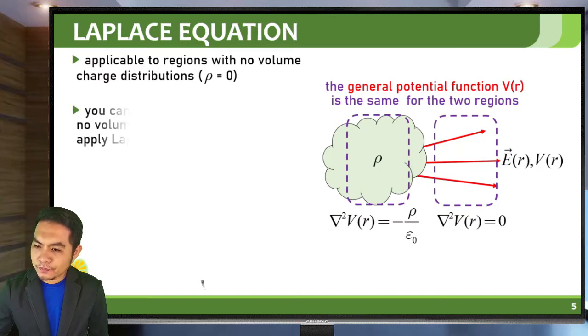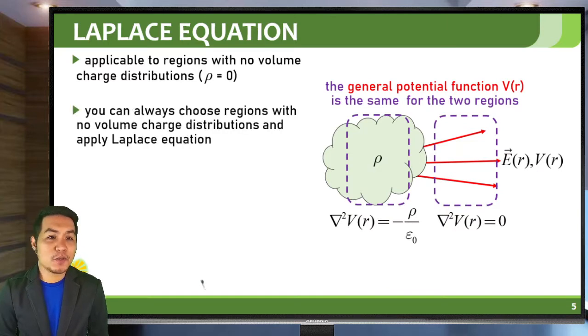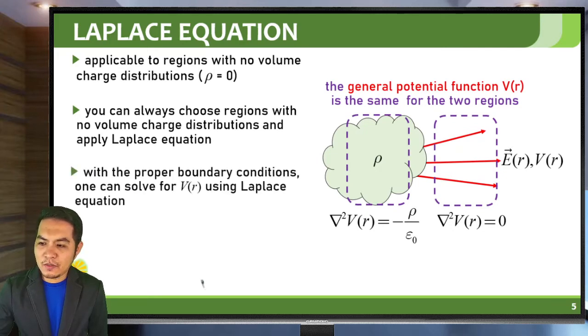Therefore, you can always choose regions with no volume charge distribution and apply the Laplace equation to find the generic potential function everywhere. Of course, you must couple your solution with the proper boundary conditions so that you can solve the potential using the Laplace equation.